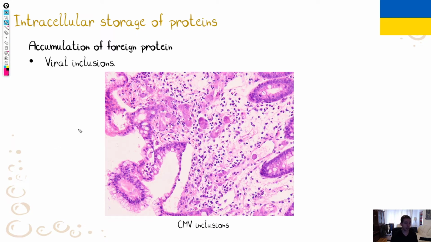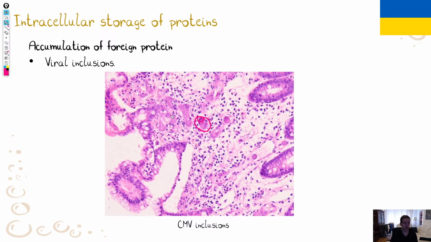Usually the cell affected by cytomegalovirus is enlarged. That's why this virus got its name, cytomegalovirus, because the cell is large. The inclusion is usually intranuclear, and the nucleus is enlarged, and it has, let's say, a smudgy appearance.